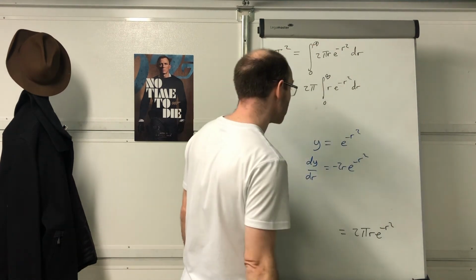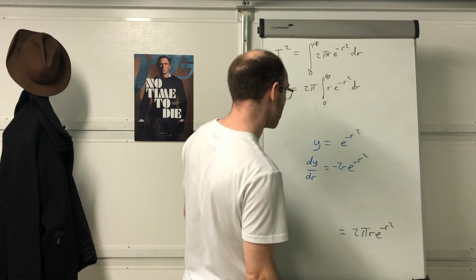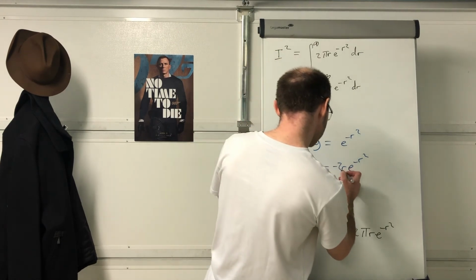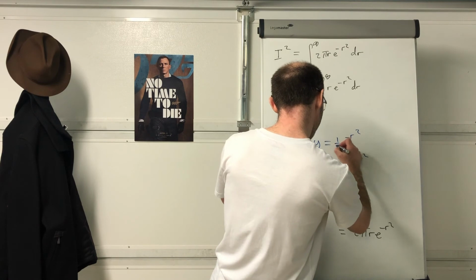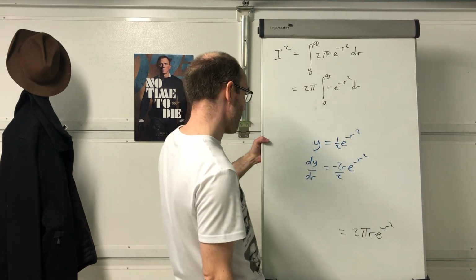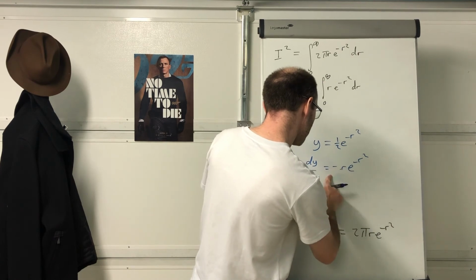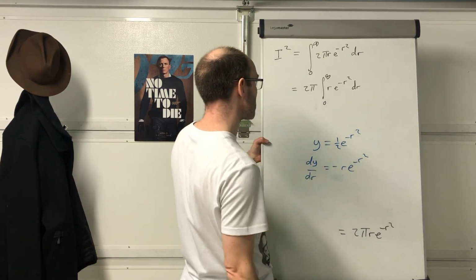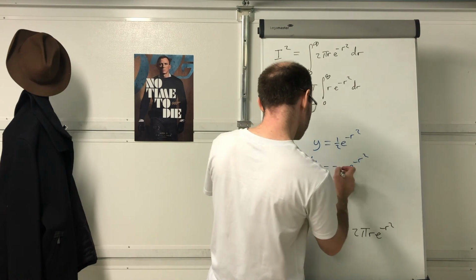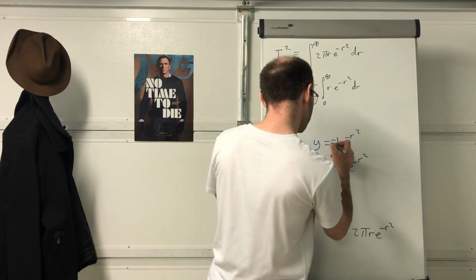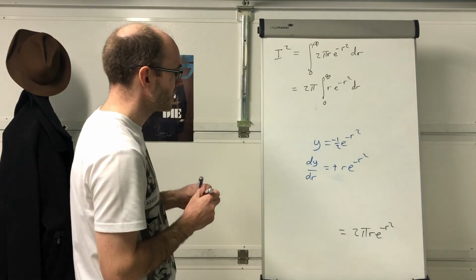Okay, so what does this mean this is going to become? If I divide that by 2, I'm going to end up with that negative r e to the negative r squared, but that's not negative, is it? So I'll just multiply it by negative 1. So we get negative half e to the negative r squared.